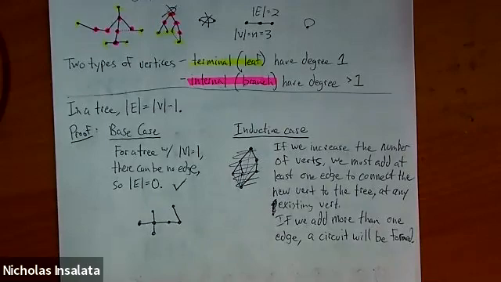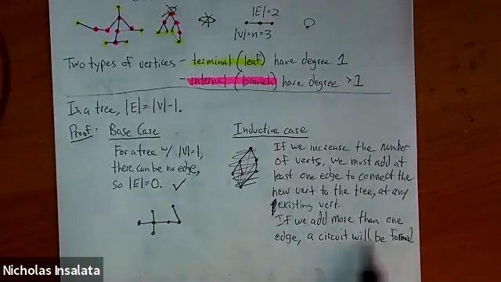How would we prove that? How could we prove that a circuit will be formed if we add an extra edge to the tree? Ideas?